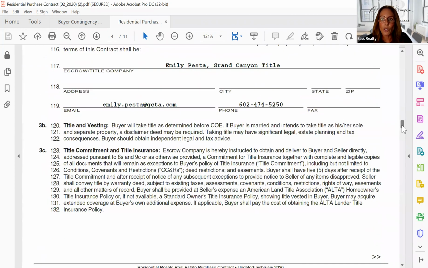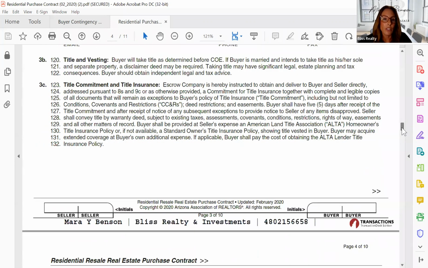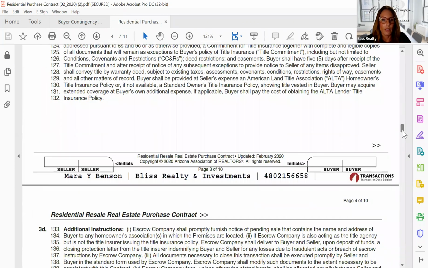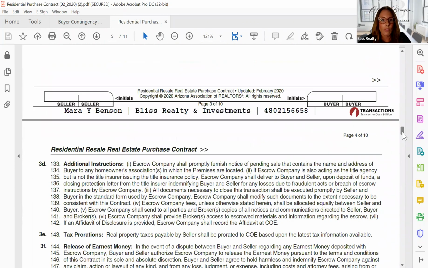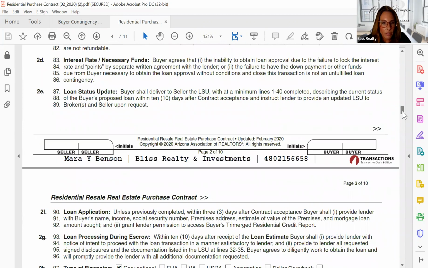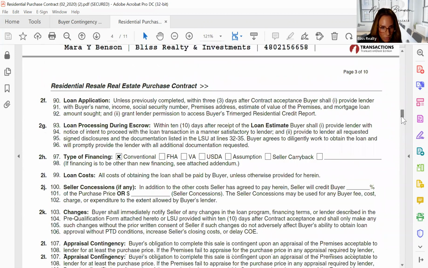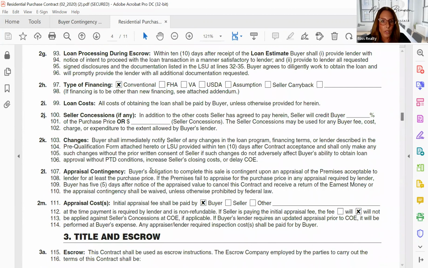And make sure you're reading these contracts. There's timelines to everything. This one's important, the appraisal contingency. So here it talks about changes, the pre-qual.